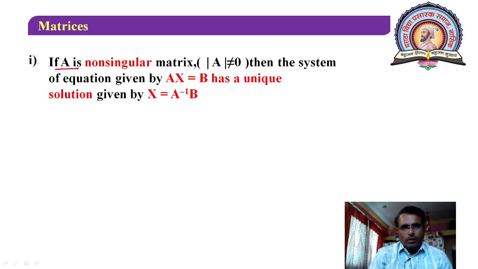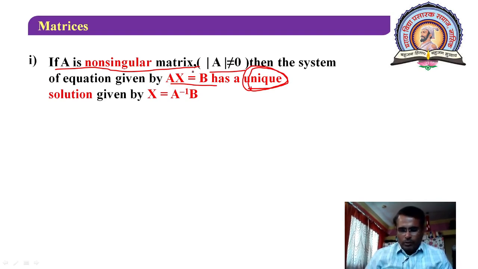If A is a non-singular matrix, that is determinant of A is not equal to 0, then the system of equations Ax equal to b always has a unique solution. So if for the system Ax equal to b the matrix is non-singular, then for such a system there always exists a unique solution. This is the first case.